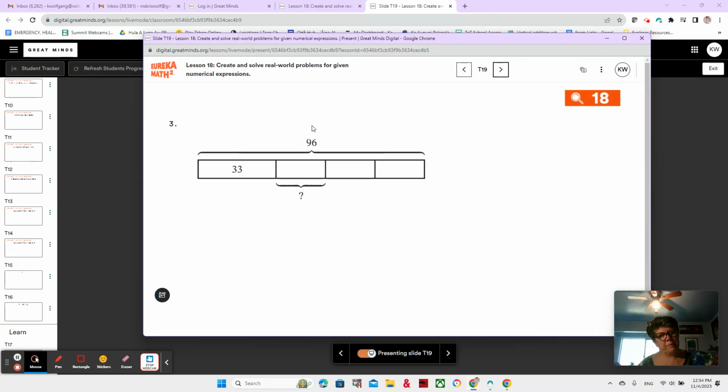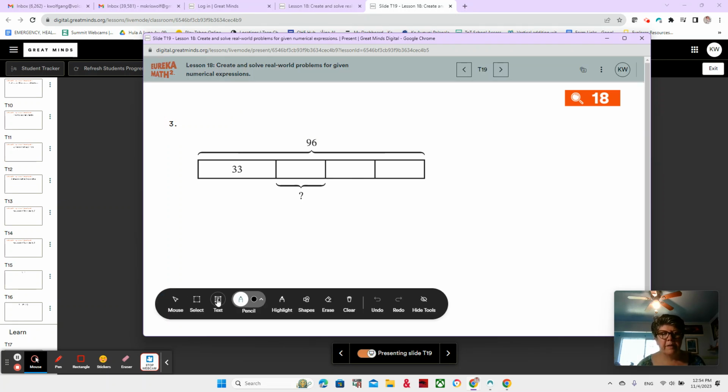So something is a total of 96. We see the 96 on the top. And then we have 33, and then we have 3 smaller parts, and one of them is our question. So what would be a good word problem for this? Well, we have our total of 96.